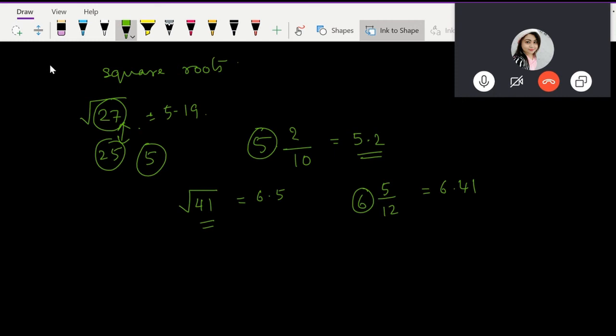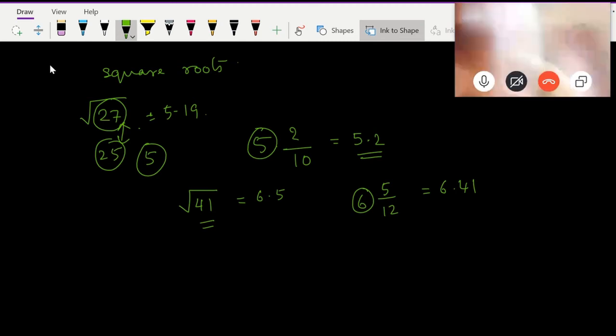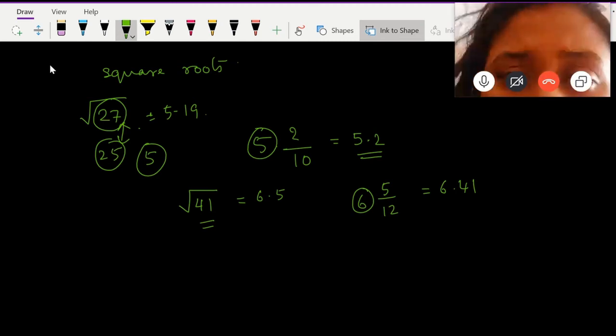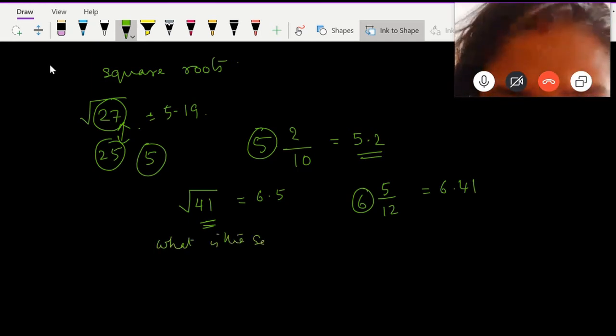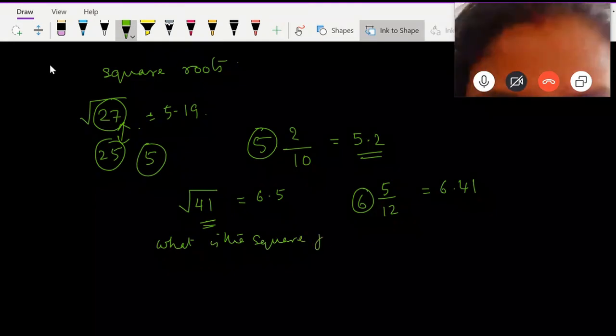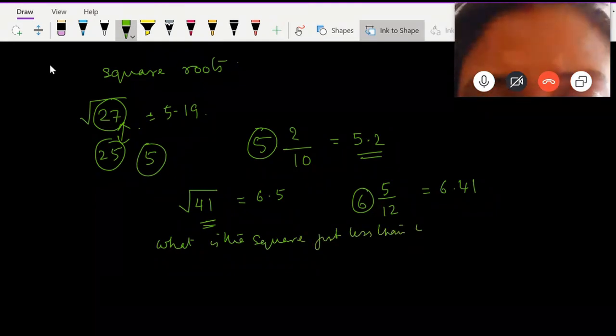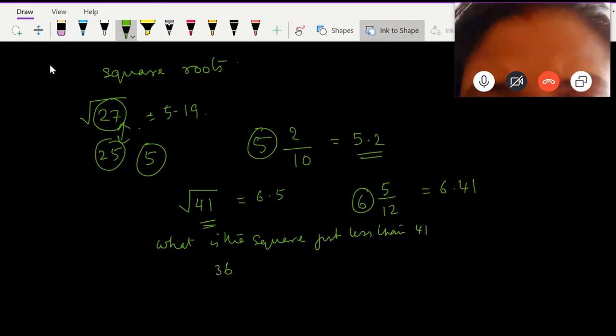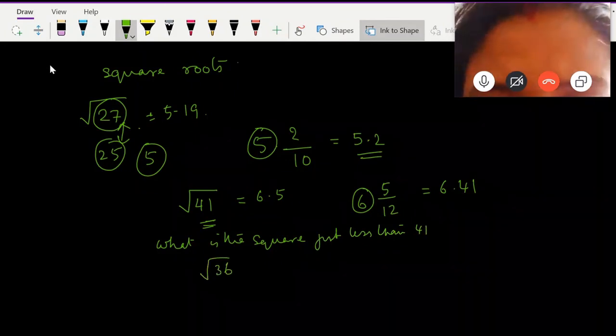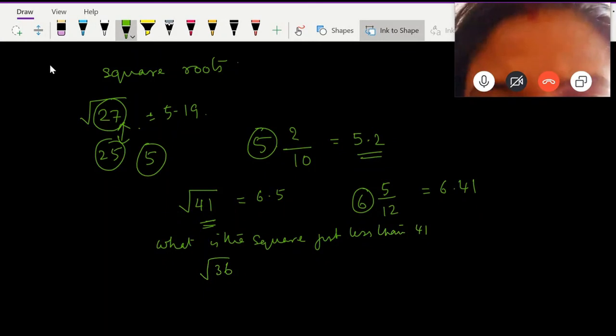Can you please repeat once more? Sure. So root 41. What is the square just less than 41? It's 36. And what is the square root of 36? 6. So we write 6.